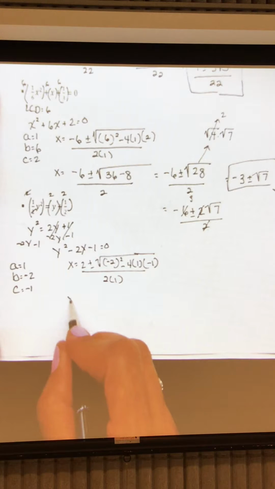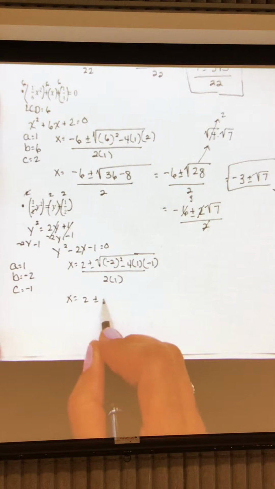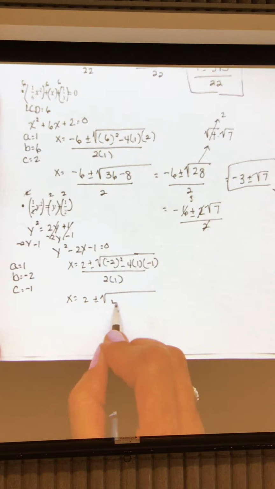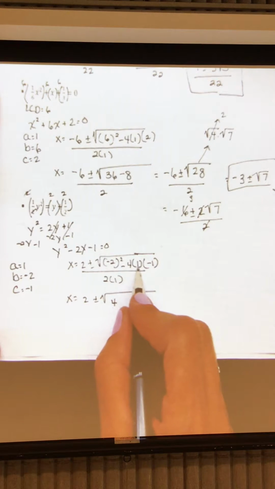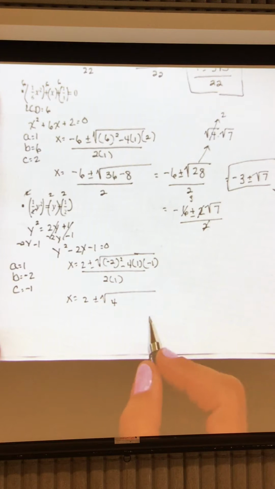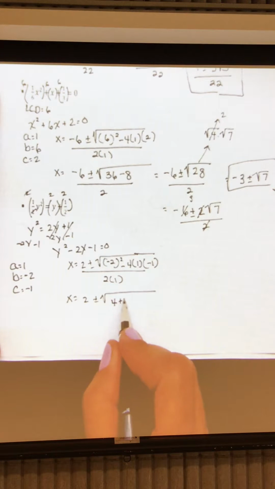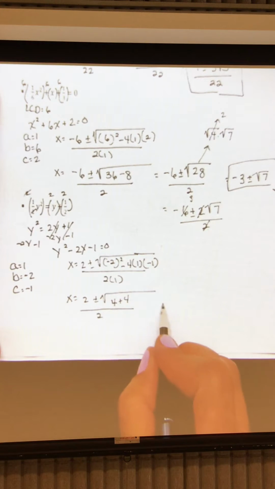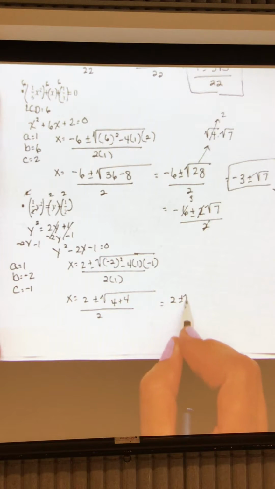So we have x is equal to 2 plus or minus negative 2 squared is 4. Negative 4 times 1 is negative 4 times negative 1 is positive 4 over 2. So we have 2 plus or minus square root of 8 over 2.